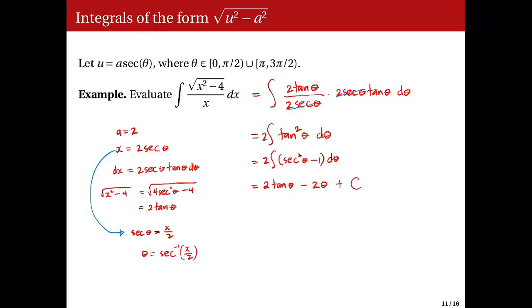In fact, you have 2 tangent theta, and you have these 2 tangent theta in here. So we'll just have square root of x squared minus 4, then minus 2 secant inverse of x over 2, and then we have the plus c.